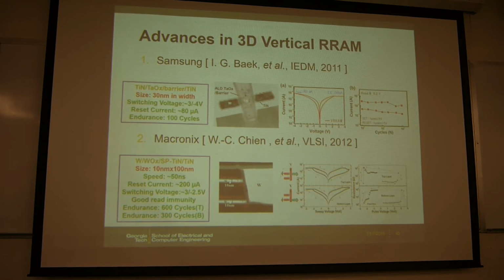You have the pillar, the sidewall of the pillar is covered with the oxide, and then you can have another electrode surrounding the pillar like this. So you have one electrode, another electrode, and in between you will have the oxide. So you make it an RRAM structure like that. So this is some of the demonstrations.